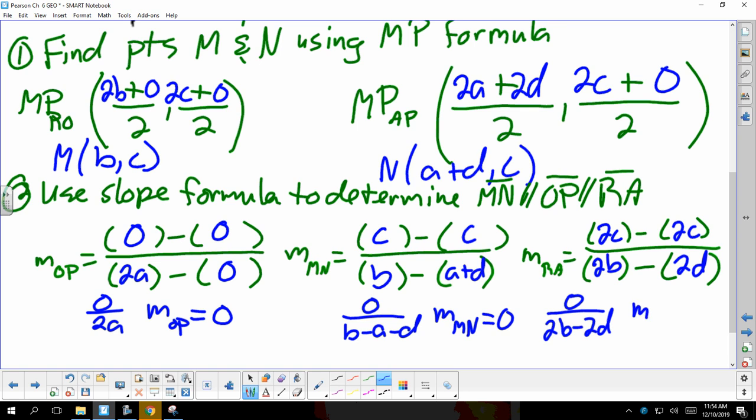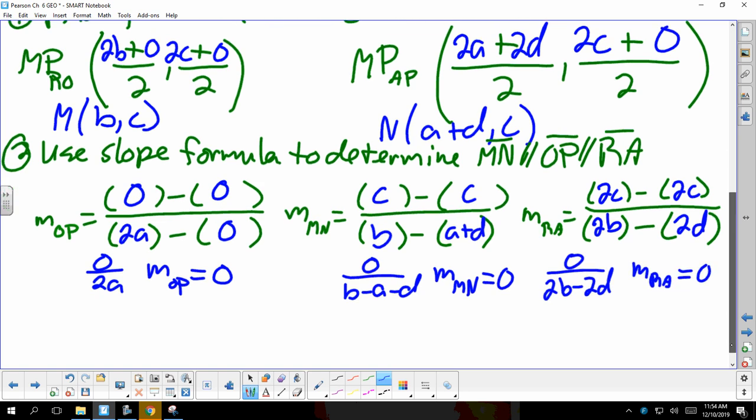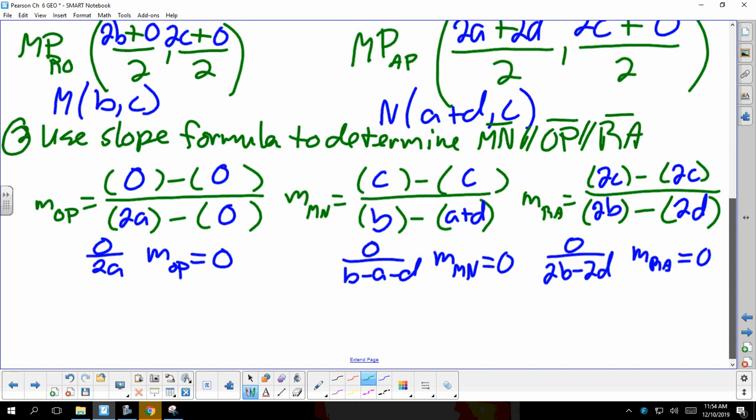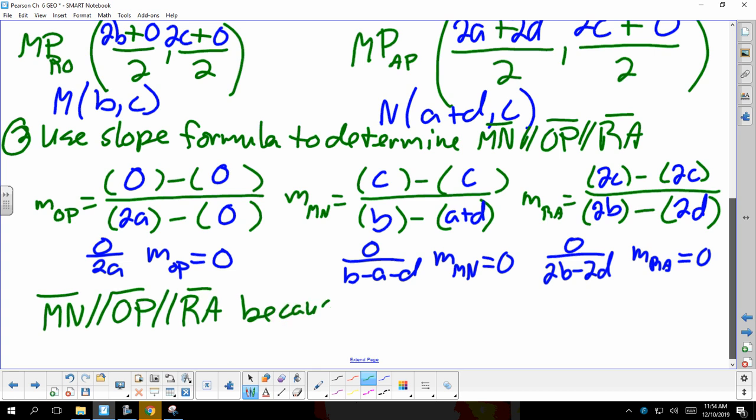So the slope of RA equals 0. Therefore, that first one is done. MN is parallel to OP, parallel to RA, because they all have the same slope.